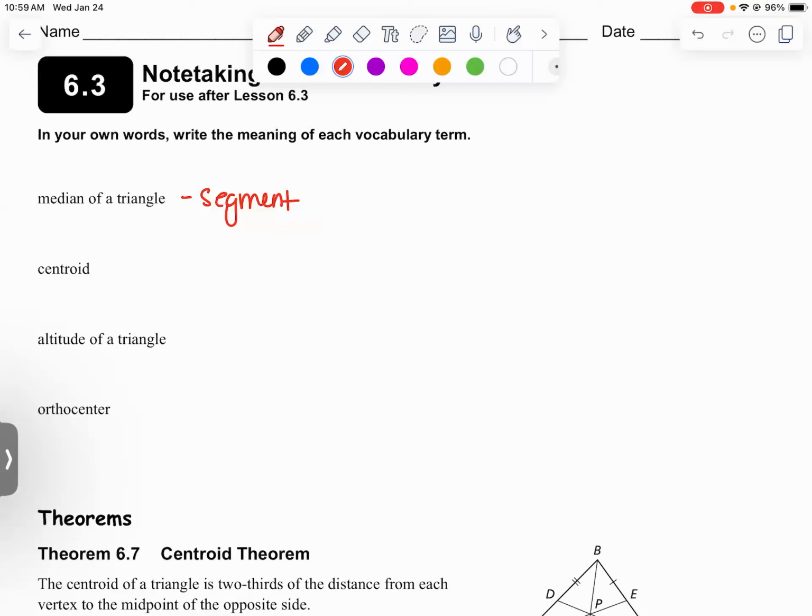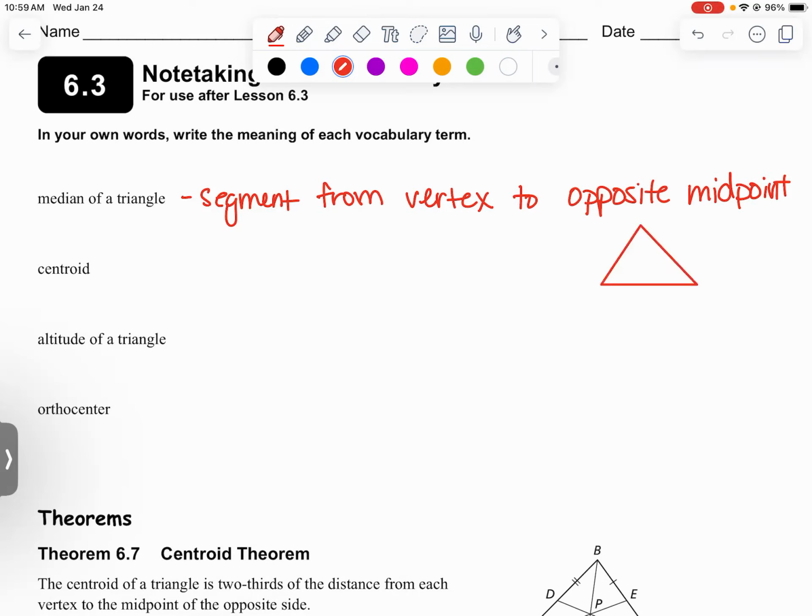So we have a segment that goes from the vertex to the opposite midpoint. If I am a triangle and I take this, that is a median. I'm connecting the vertex to the opposite side's midpoint.